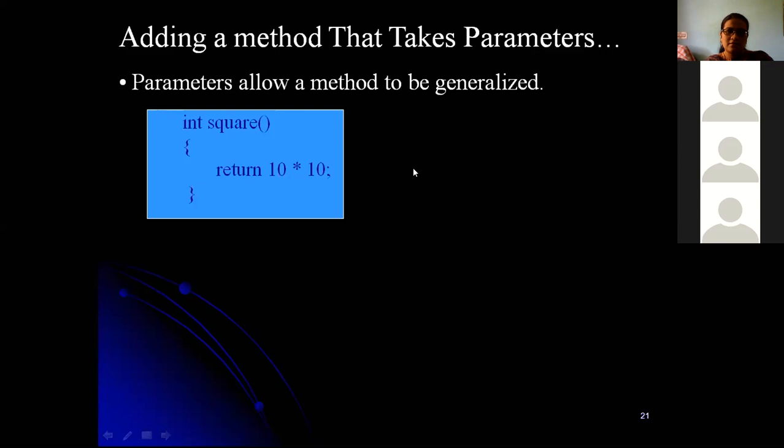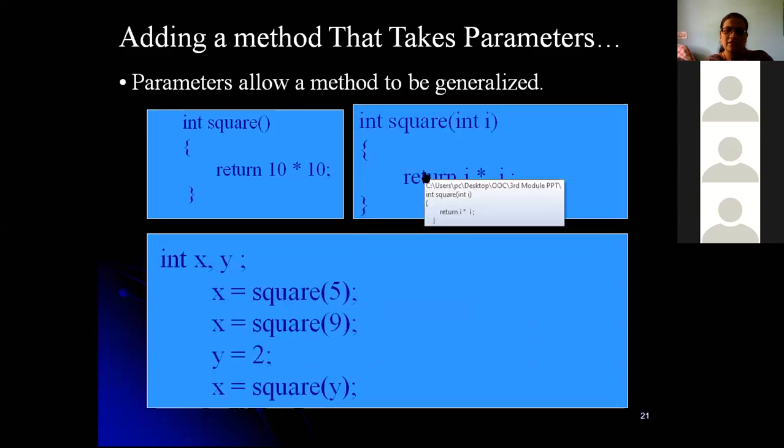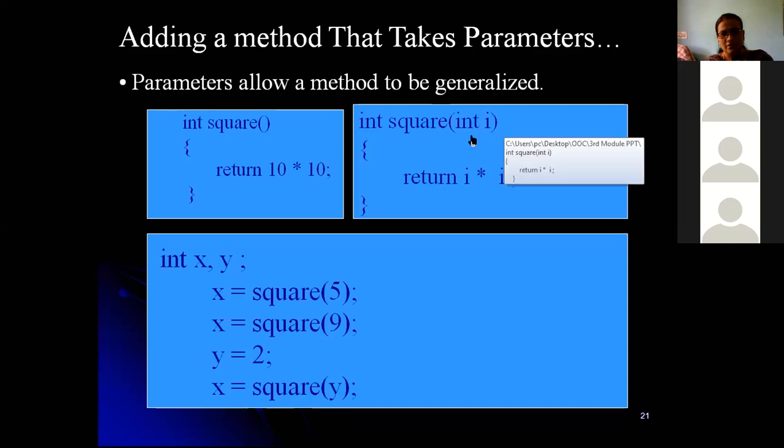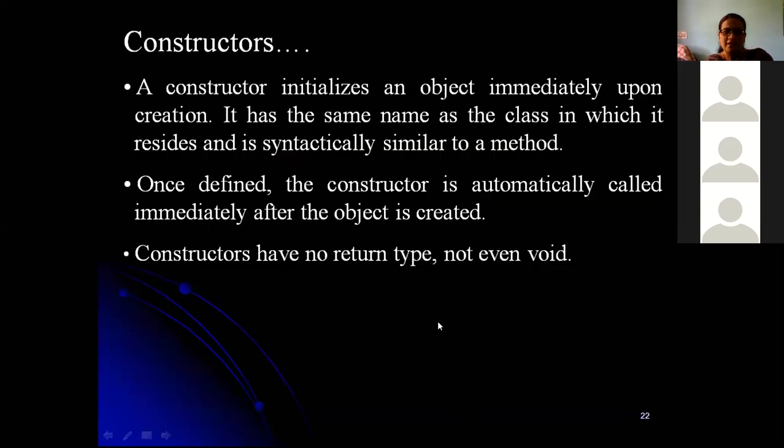Next, here you can see int square, int i, which has a parameter with which we are multiplying. And here is an example, square of 5, which is going to call the second square function with a parameter, and it will return 25 as a result, and we are storing it in the x variable. If you are returning something, the return value should be of the same type. Here you can see int square and int x, so they should be the same type, so we have to take care of that. Next is constructor.